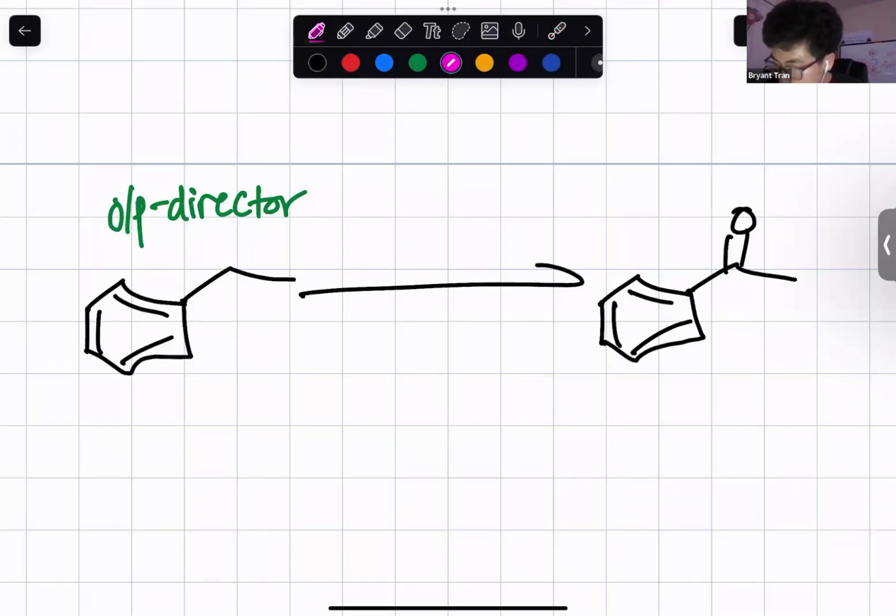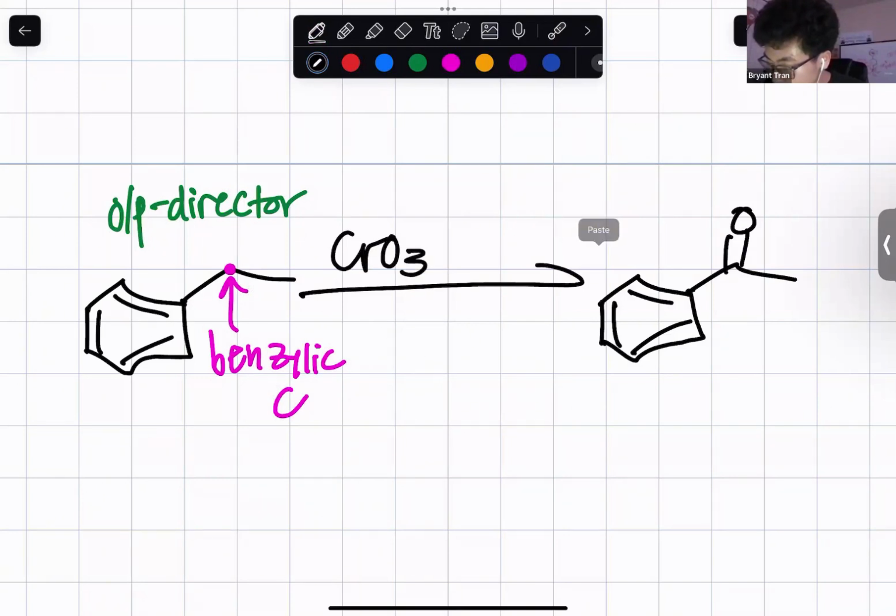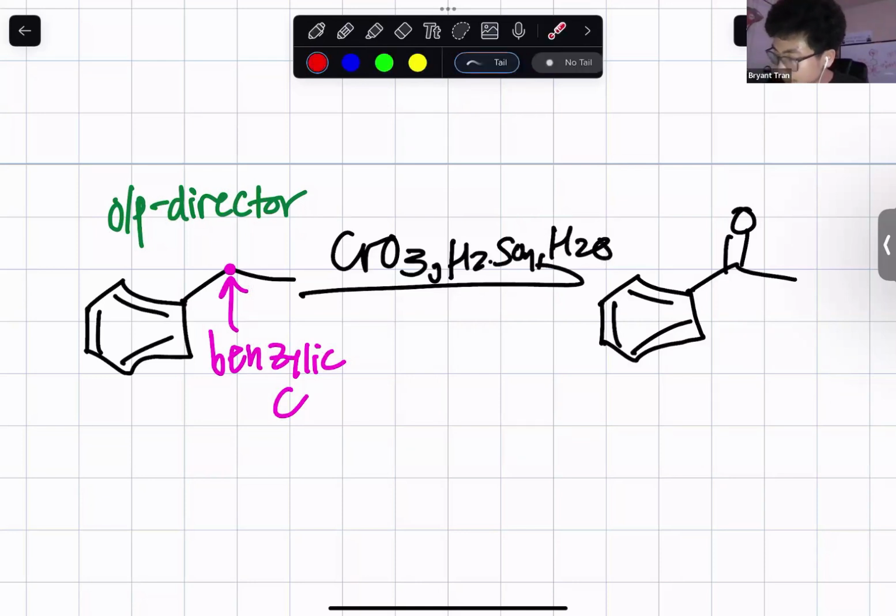This first carbon here coming off of the benzene is called the benzylic position, benzylic carbon, right? So to do that, the reagents to use are Jones, CrO3, H2SO4, and water. Now, would this group be an ortho-para director or meta director?